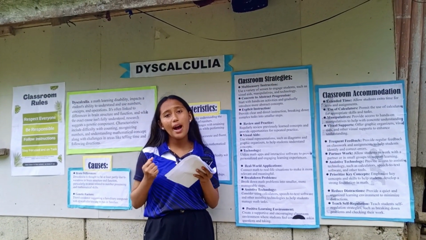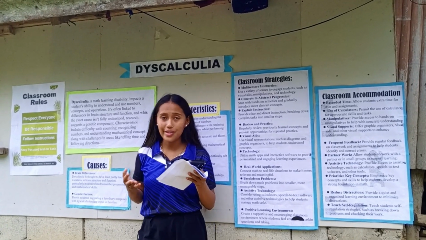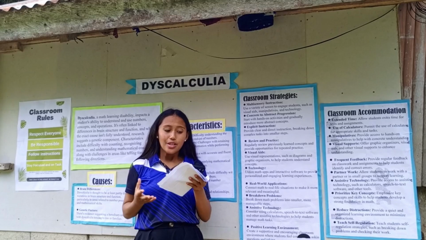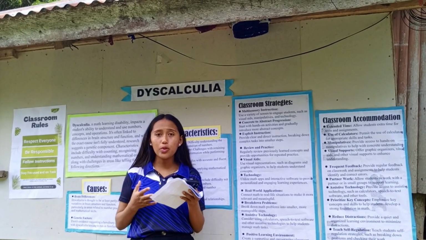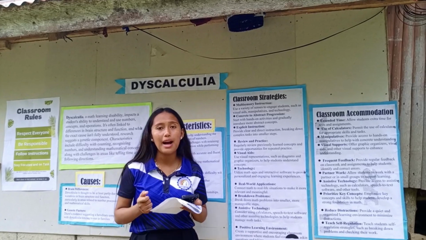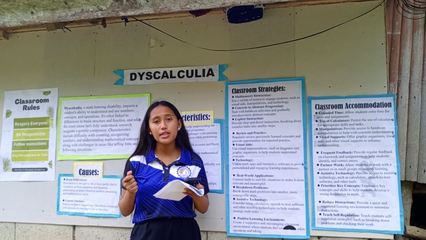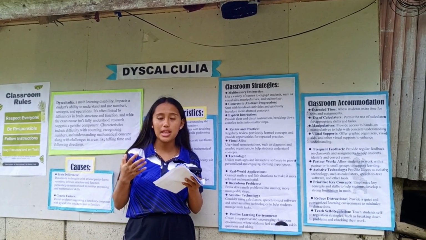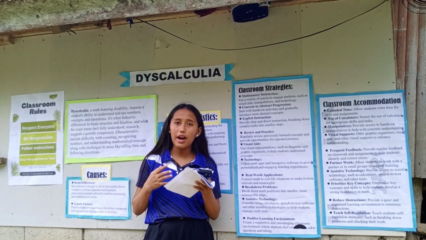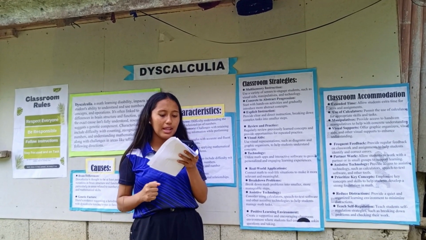Okay, so now let's have another activity. So this activity is a presentation. So the same group, each group will perform a different scenario about dyscalculia. I will give a clear instruction. So this will be the instruction.